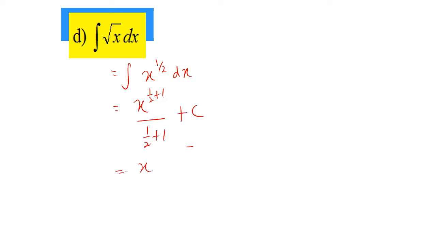Next, half plus 1 should be 3 over 2, over 3 over 2 plus c. When you simplify, you're going to have 2x to the power of 3 over 2 over 3 plus c.